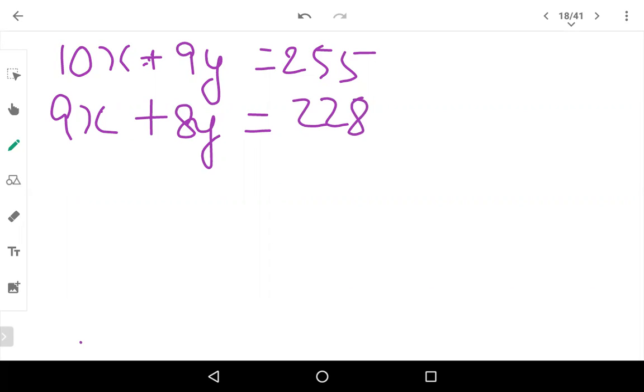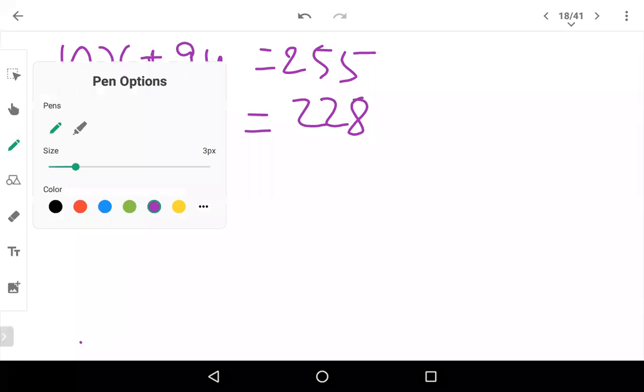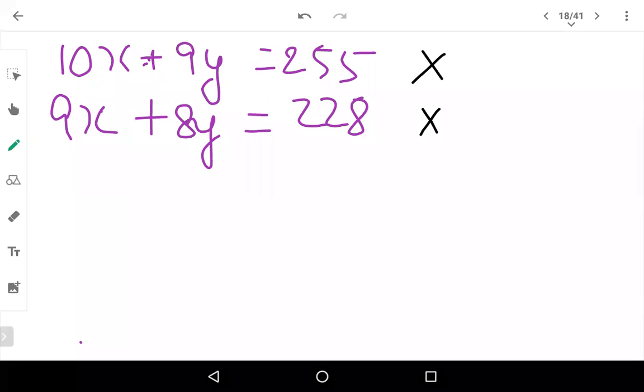Okay, now what is the number that I should multiply with equation 1 and equation 2? Equation 1 with 9, and equation 2 with 10. We just are interchanging the numbers here.